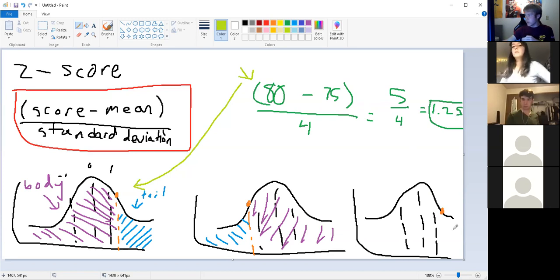It's between. So if the tail is this whole part over here, it's this part from here to the center of the graph. And you can use that for trying to calculate between two values, basically.